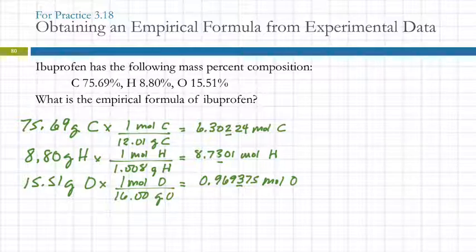Okay, so I am going to look at those numbers, find the smallest, divide everything by the smallest, because I'm trying to get whole number ratios. So this is the smallest. So that one's going to end up being 1.